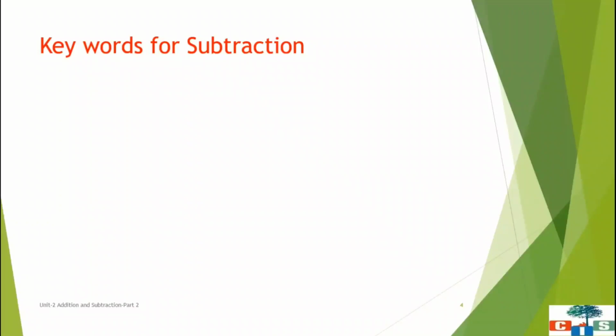Next we will see keywords for subtraction. As we have discussed in addition, keywords are very important for solving word problems and story sums. While reading the statement, locate the keyword which will help you to determine the order of operation. Here are a few keywords for subtraction. Let's see one by one.